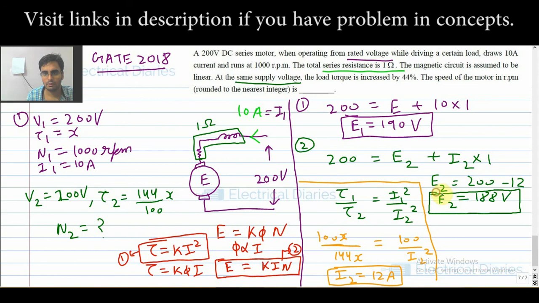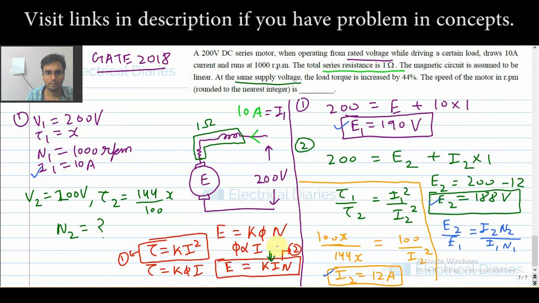Now I can easily apply this equation: E2 by E1 is equal to K I2 N2 by K I1 N1. K is constant obviously, so I can use I2 N2 over I1 N1. On putting the values, E1 you know, E2 you know, I2 you know, I1 you know, N1 also you know.